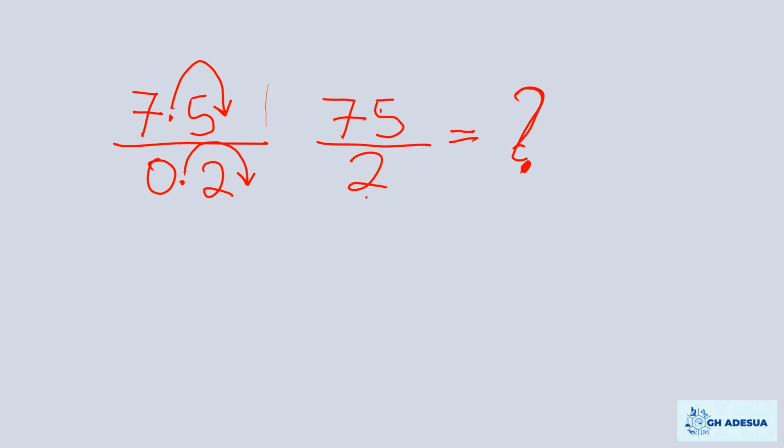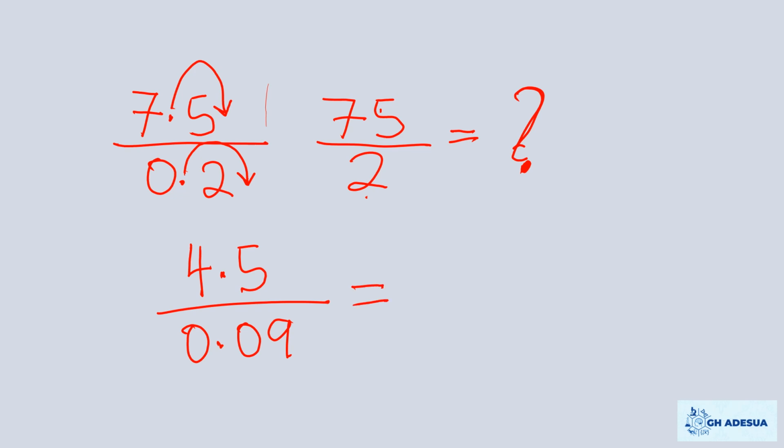I'll give you another example. I have 4.5 divided by 0.09. Now, the numerator and the denominator, which one has more decimal places?